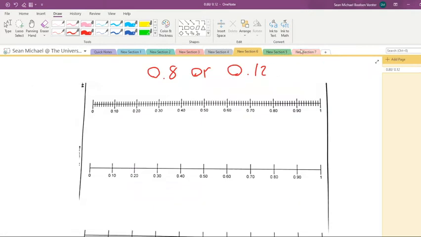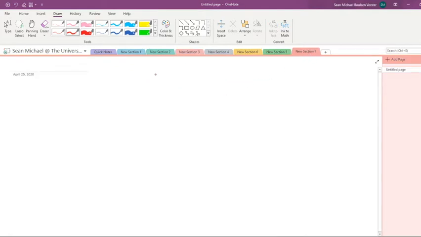So if I go over, let's say for here, for example, just to a blank canvas, and I give you 0.7, or let's say 0.19, what are we going to look at when I'm asking which one's bigger? Well, first off, we can say this one, because I see that there's only one digit after the dot, is going to be out of tenths.